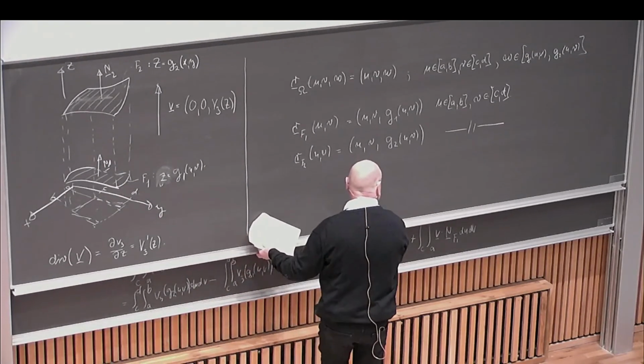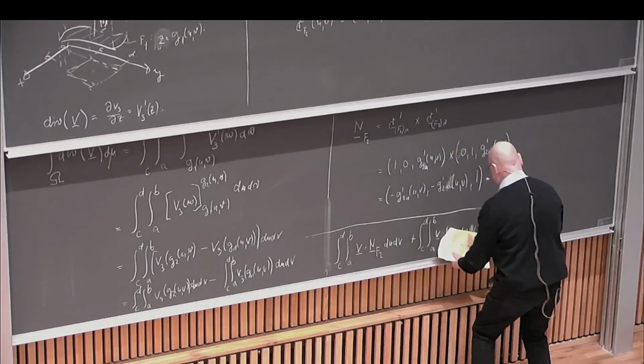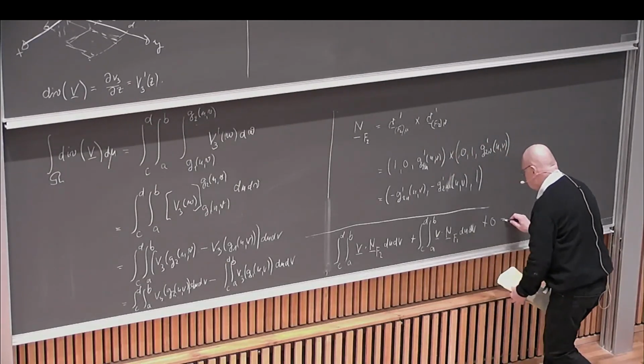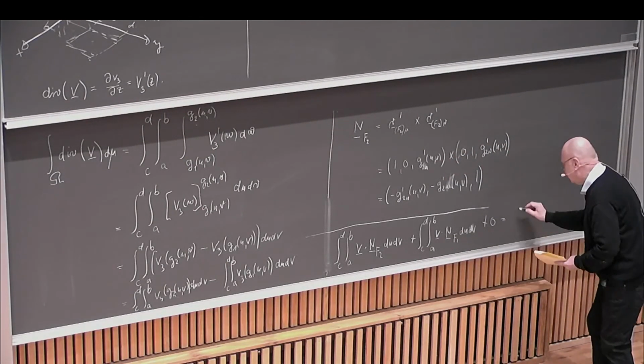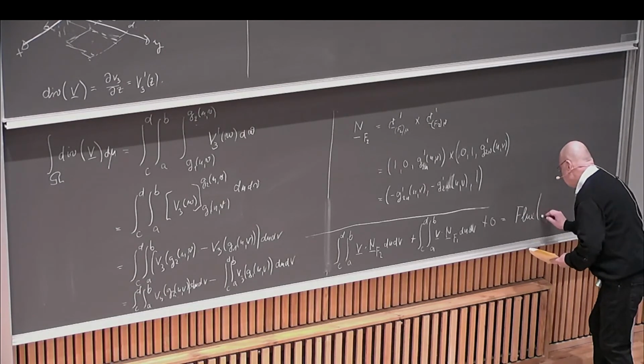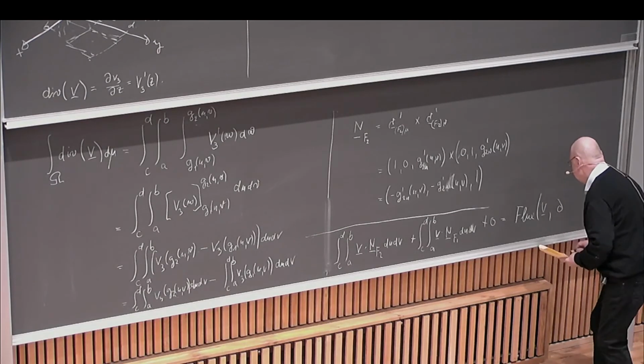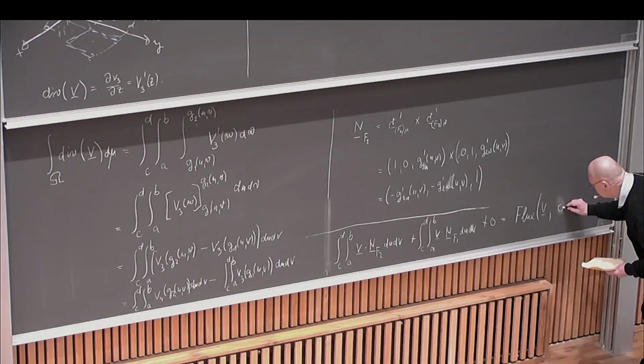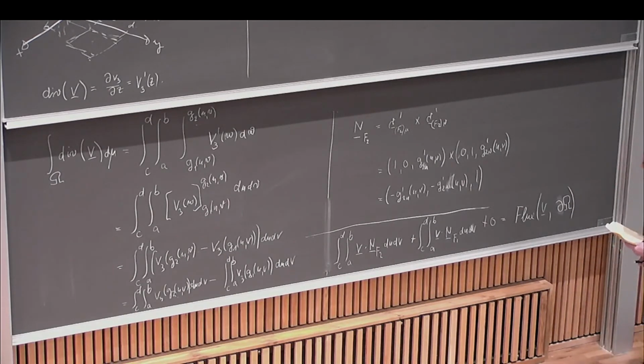So you can add, say, some zeros to this, but the total thing is that you get the flux of V out of the boundary of your solid. So in this particular setting, you simply get that this volume integral is equal to this boundary integral.